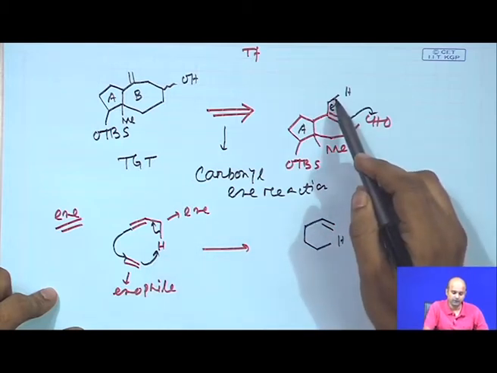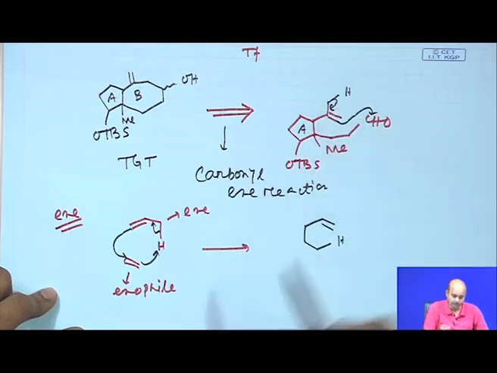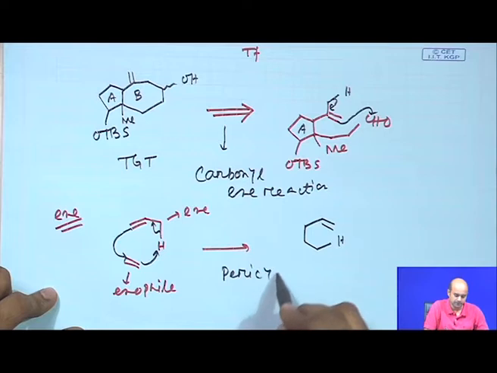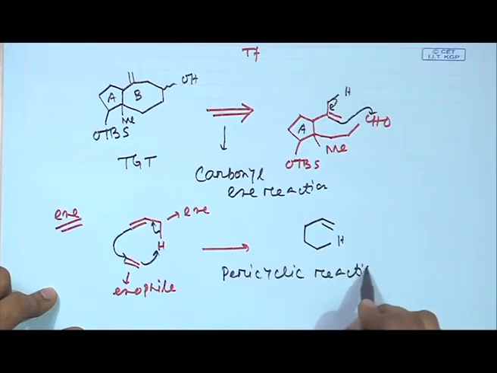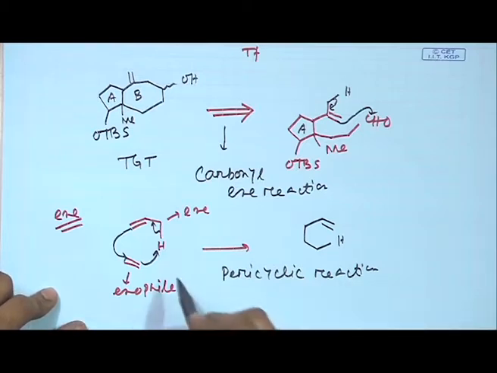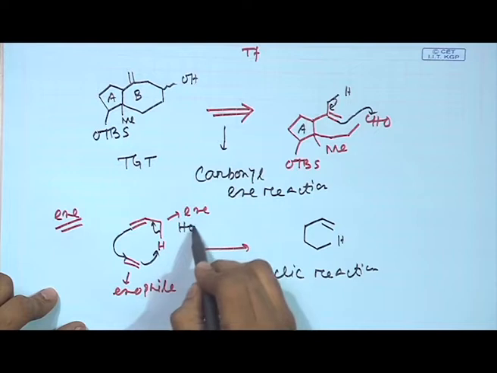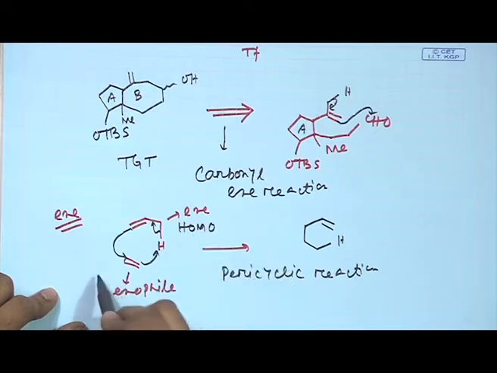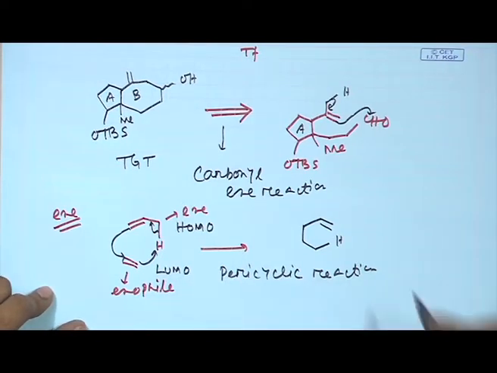The hydrogen is here, and the ene reaction is a kind of pericyclic reaction, and you will find that effective HOMO-LUMO orbital interaction is needed. The HOMO of the ene and the LUMO of the enophile will interact in a very efficient way.